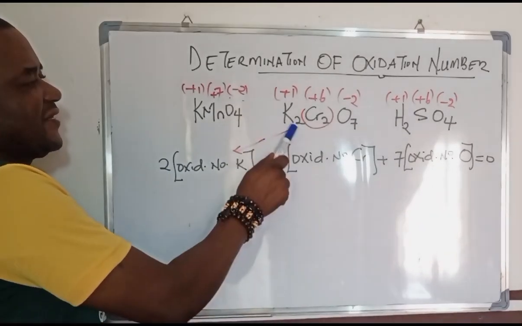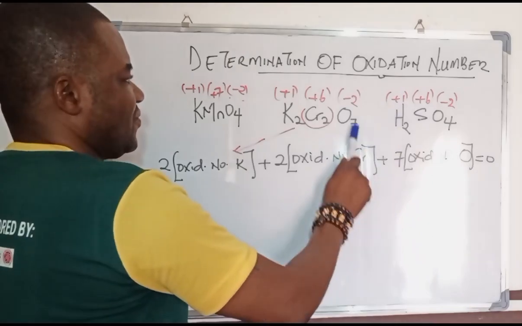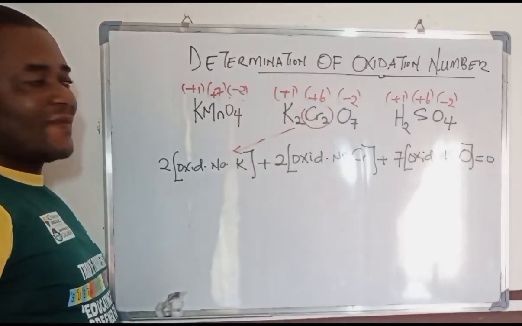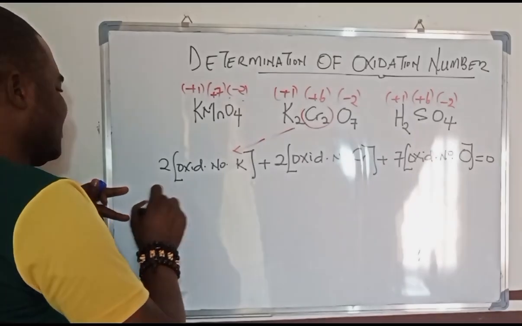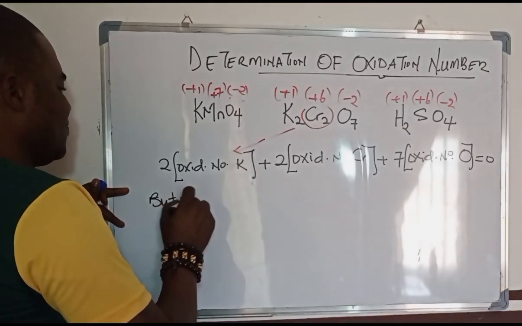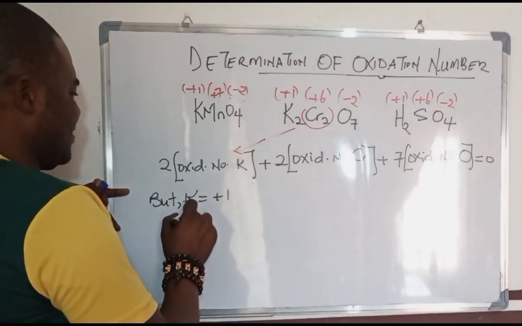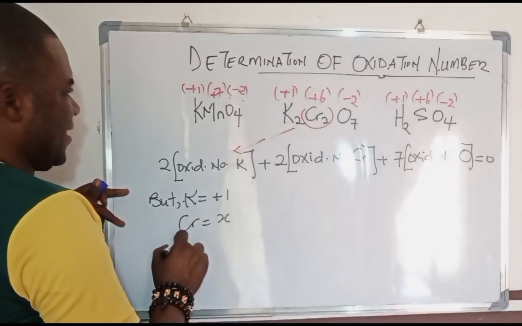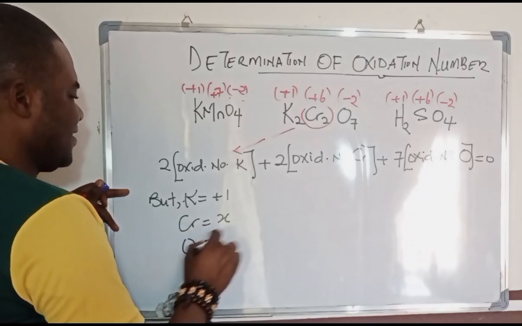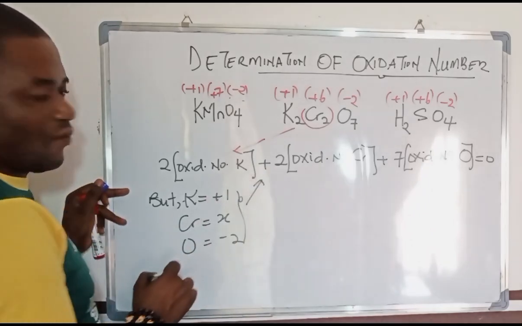The 2 is for this, the 2 is for this, the 7 is also for this. Okay, now we know that potassium is +1, and we know that chromium is what we are looking for, and then oxygen is -2. So we put this into this equation.